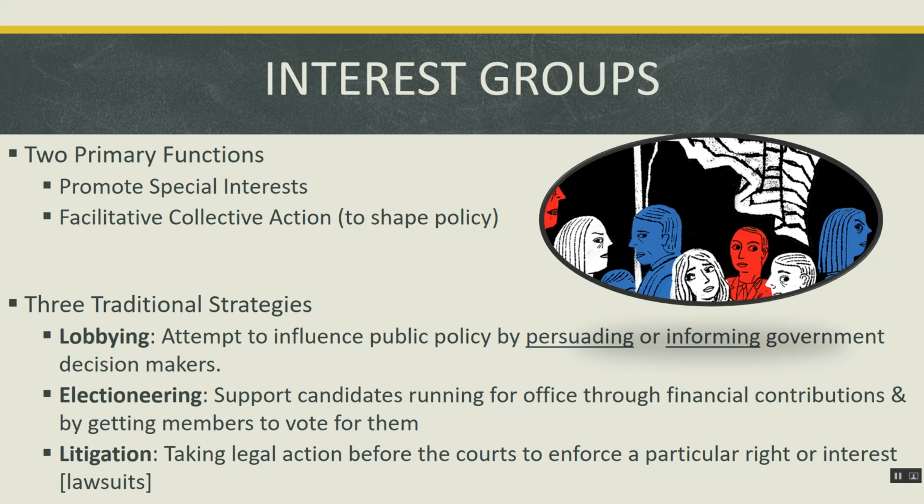And because the public at large doesn't tend to organize as well as these minority demographics with their own special interest groups, what we're going to discover is that in reality, government decision makers today seem to be more responsive to special interests than the general interest.